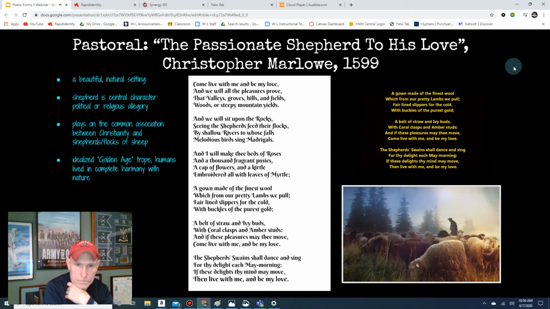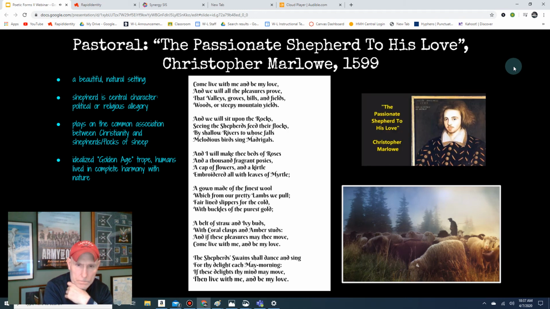And if these pleasures may thee move, come live with me, and be my love. The shepherd swain shall dance and sing for thy delight each May morning. If these delights thy mind may move, then live with me, and be my love.